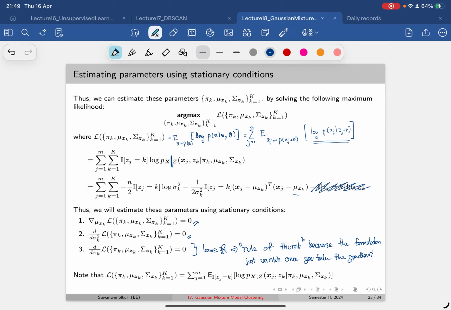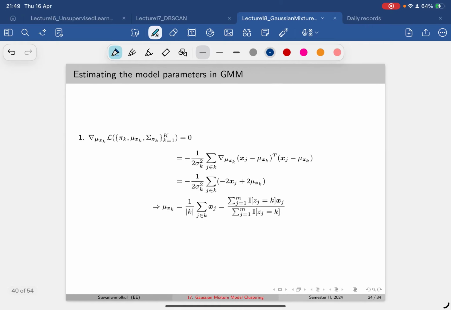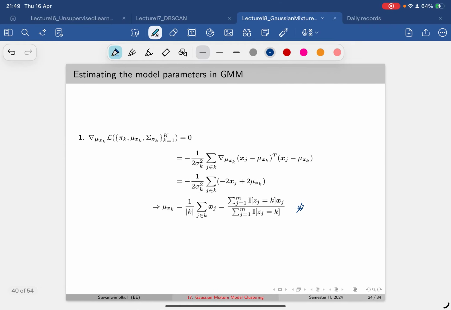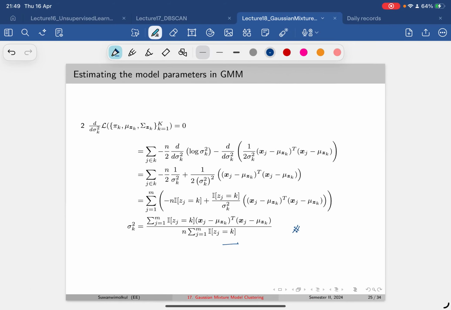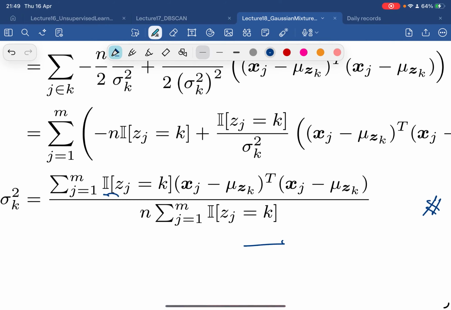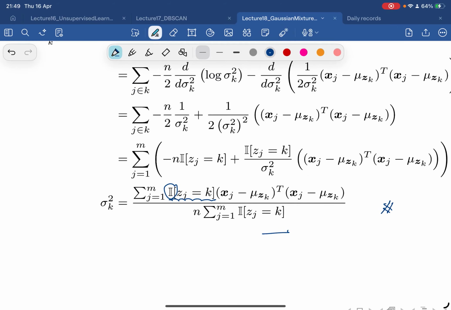So it's only this one that needs a rule of thumb, but for the other two you can get a closed form formulation, such as that and that, which are actually like a sample mean and sample variance. I is like a function in which you assign the j-th data sample to cluster k, and then you compute the sample variance, assuming xj is assigned to that k cluster.